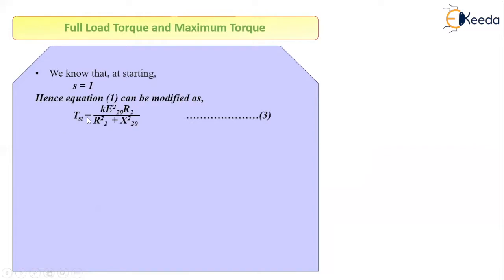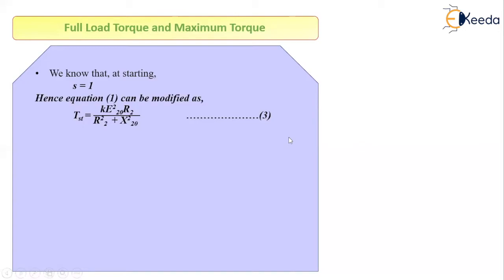As the slip is equal to 1, which is at the starting, the torque which was initially the full load torque is now getting converted into starting torque. Hence we can say that starting torque is equal to K E20 square R2 divided by R2 square plus X20 square. Let it be equation number 3.